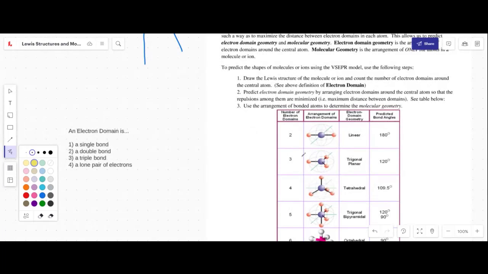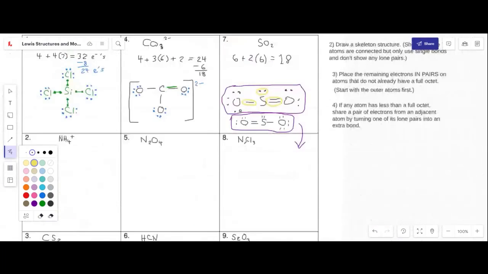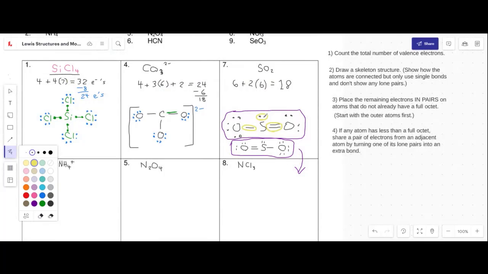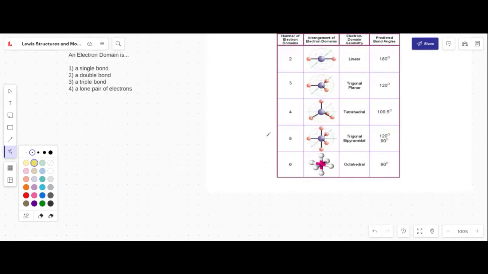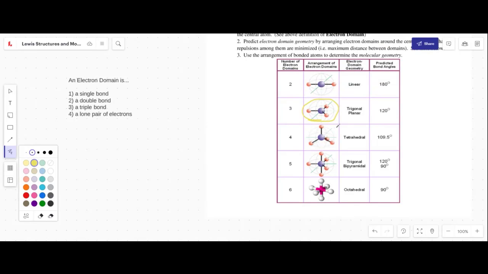However, when one of the electron domains is a lone pair, when determining the molecular geometry, we take the overall shape that you would predict from the electron domain geometry. In other words, the electron domain geometry says it should be trigonal planar. But since one of them is a lone pair, we take out one of those spokes.